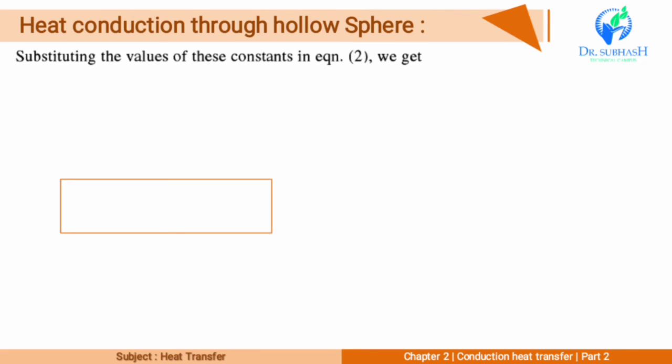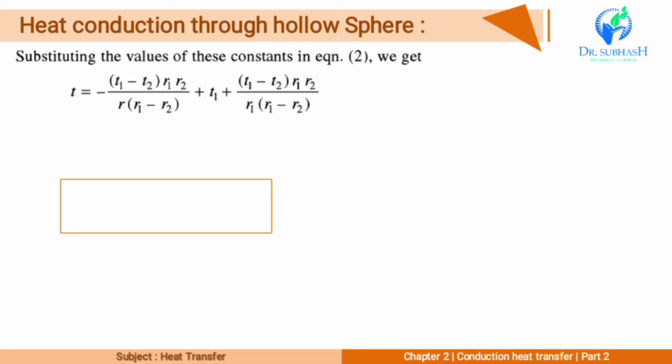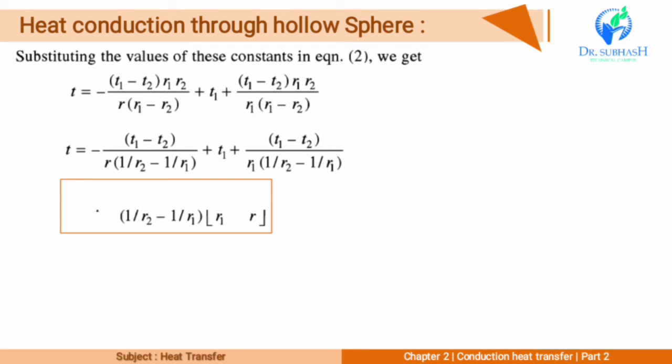By using equation number 5, we get the value of T is equal to T1 plus (T1 minus T2) divided by inside the bracket (1 upon R2 minus 1 upon R1), into inside the bracket (1 upon R1 minus 1 upon R).